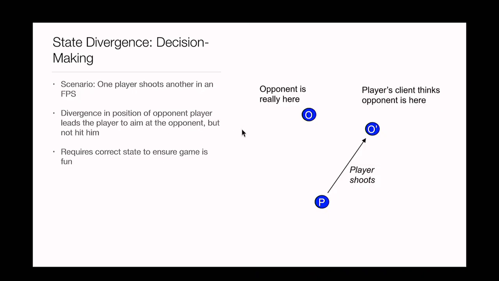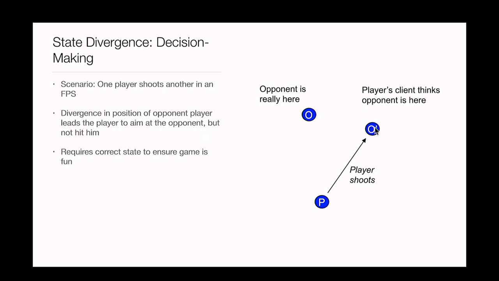In shooter games, this causes a huge problem. When one player is looking at their view of the game and they shoot somebody, what they see on their screen might be the other player clearly getting hit. But in reality, the other player might not be where player one's computer is showing them to be. In the true game state, your opponent might be here. In player one's game state, they might see the opponent over there, and they shoot that person, expecting the opponent to get hit.